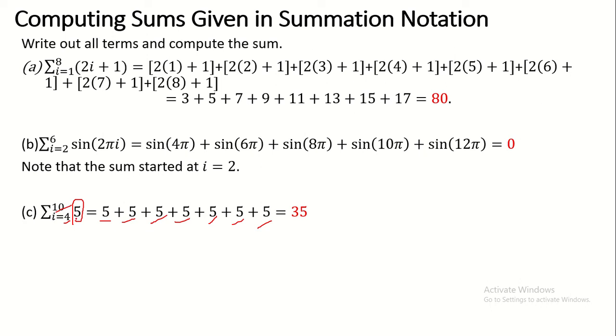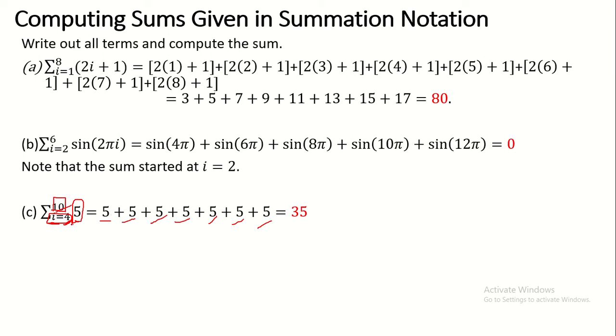So always remember that if you have the sum of a constant, you just add it by itself, depending on the number of terms we have from the number on the lower part of the summation notation up to the top number on the summation.